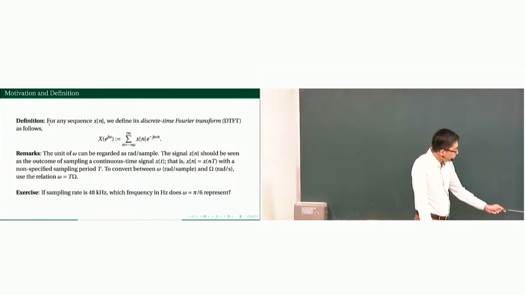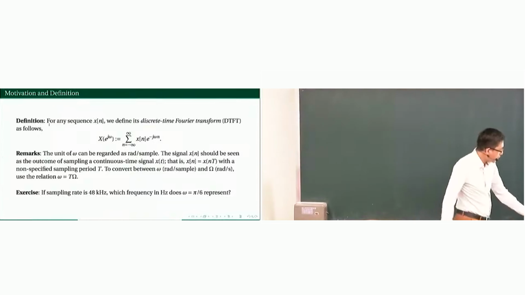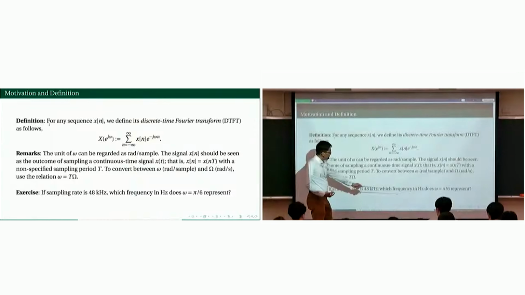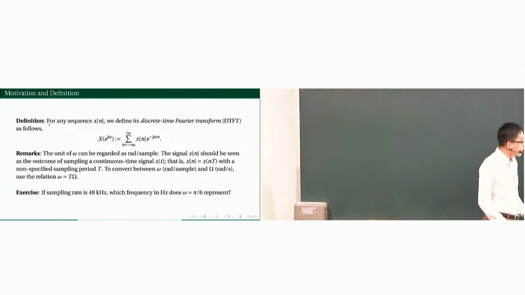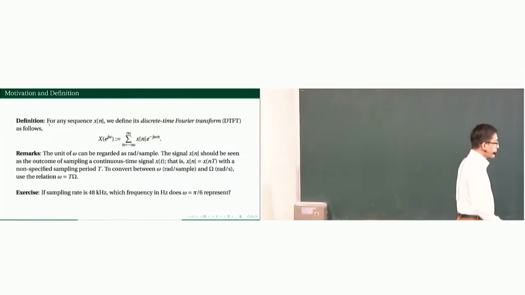Last time we spent a few moments to talk about this particular example where we define the sampling rate. If the sampling rate is given to you as 48 kilohertz, then when we look at this frequency small omega, if it's pi divided by 6, or 30 degrees, pi over 6, you will learn quickly that it should correspond to 4 kilohertz.